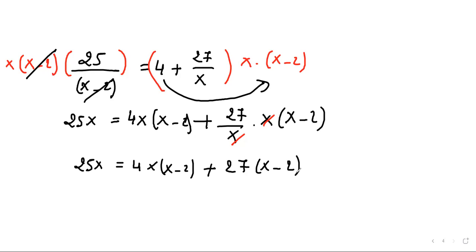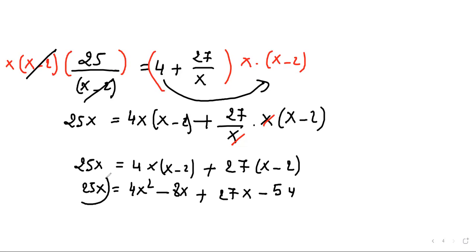Now I just need to expand the brackets and collect the like terms. So I have 25x is equal to 4x times x, it will be 4x squared, minus 4x times 2, which is equal to 8x, plus 27x minus 54. Now I need to collect the like terms here, so it's up to you how to do that.